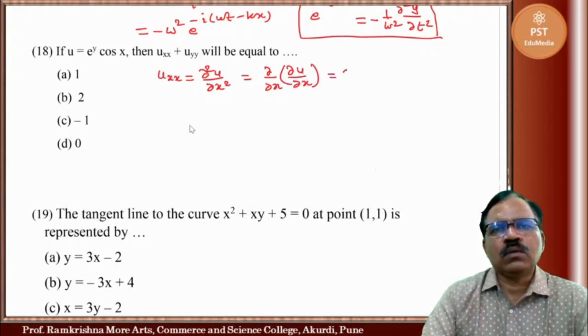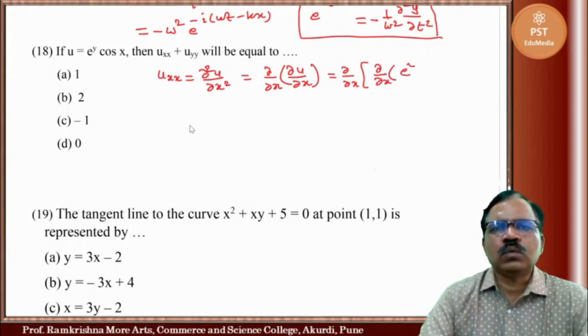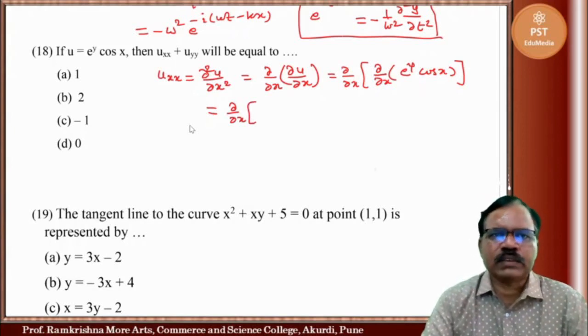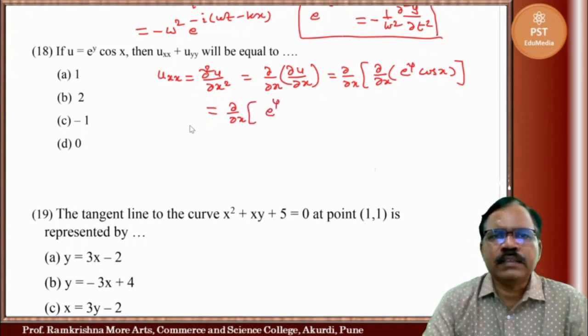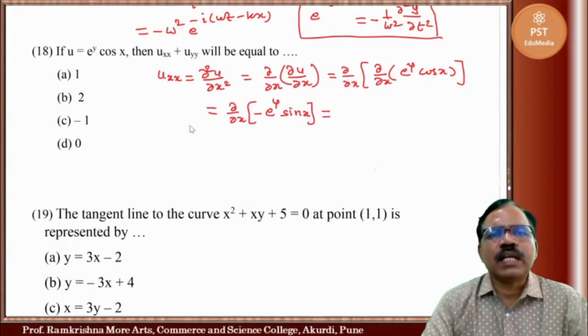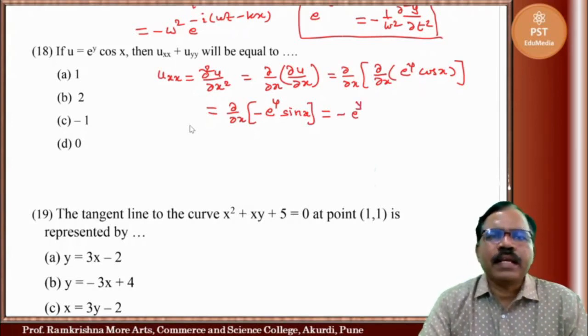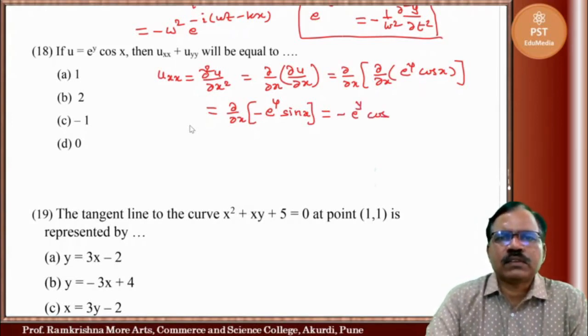So this is equal to ∂/∂x of ∂/∂x of e raised to y into cos x. So we get here ∂/∂x of, now we are differentiating with respect to x. So we'll get e raised to y as it is, and derivative of cos x is minus sin x. And then again differentiate. So ∂/∂x, now minus e raised to y is constant and derivative of sin x is cos x.